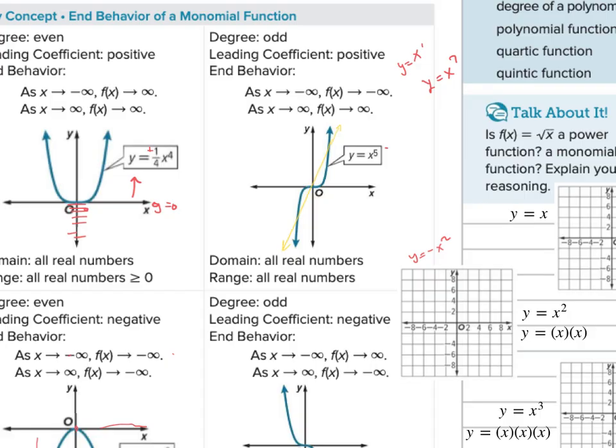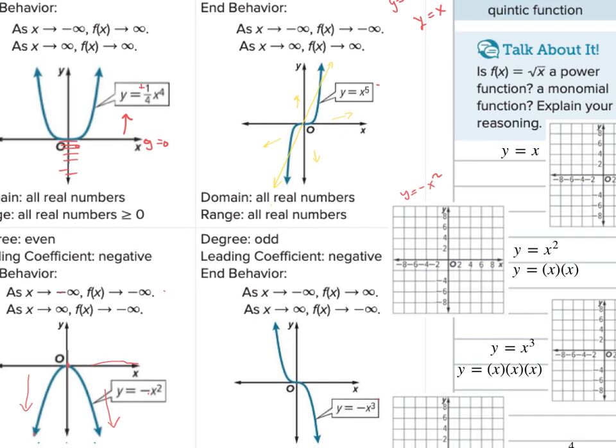And of course, for these, all real numbers for my domain, all real numbers for my range, because it goes on forever, left and right, up and down. So that's why it's all real numbers for my domain and range.